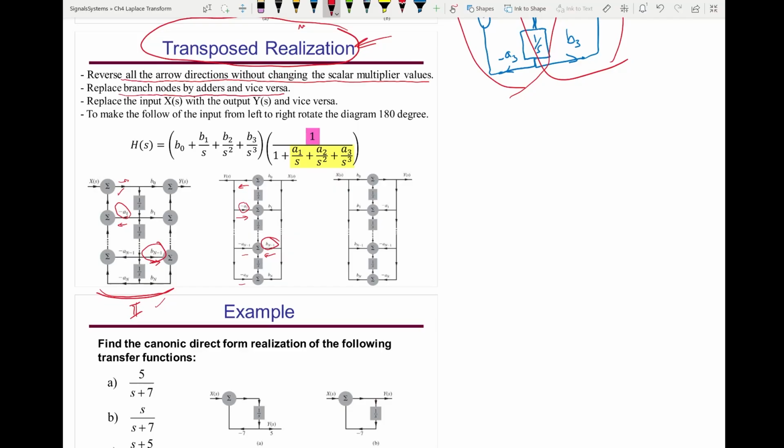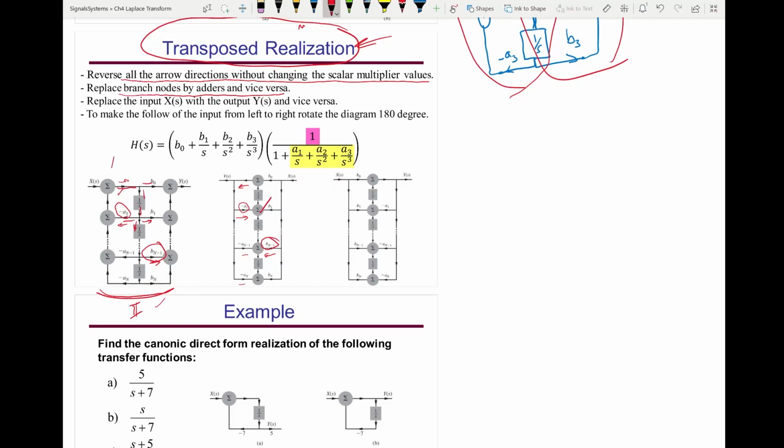See, this is a branch node. A current or input goes in and then branches out. So I will replace this by an adder. So that will be this one here. Same thing, this is a branch node, a current or input coming this way, and then it goes this way and this and branches out. So I'm going to replace it by this summing amplifier.